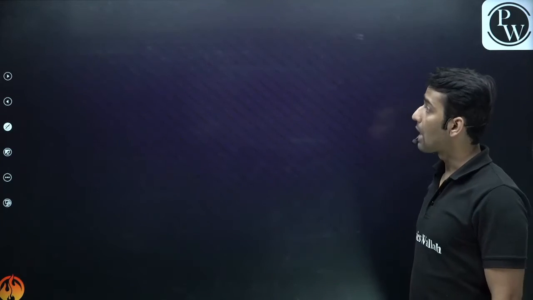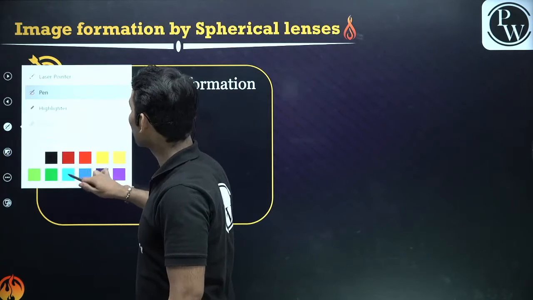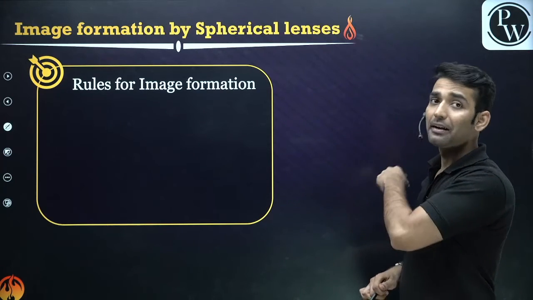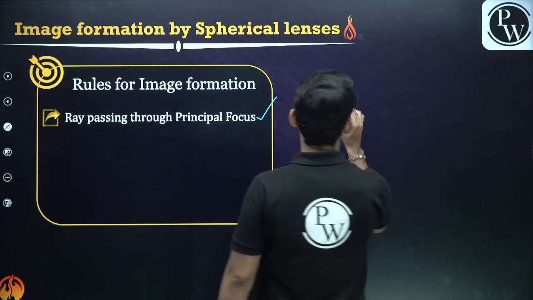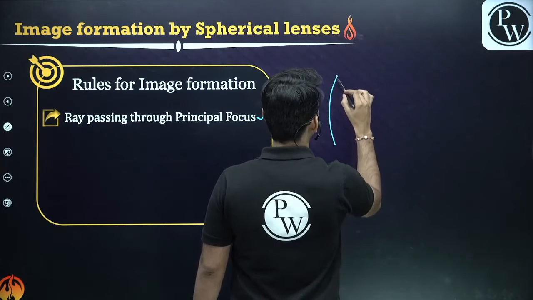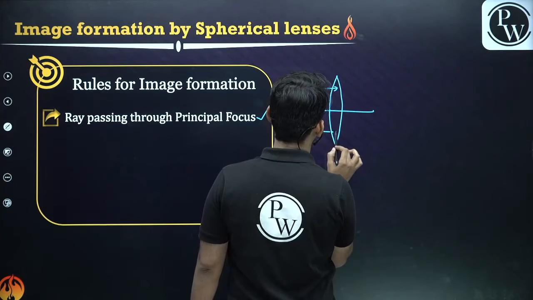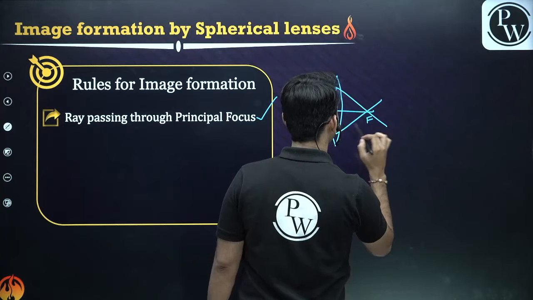Now, image formation. Like in mirrors, I also have a few rays to use in lenses. The first ray is passing through the principal focus. I had told you, if you pass any ray through the principal focus, or if you take parallel rays, they will pass through the principal focus.